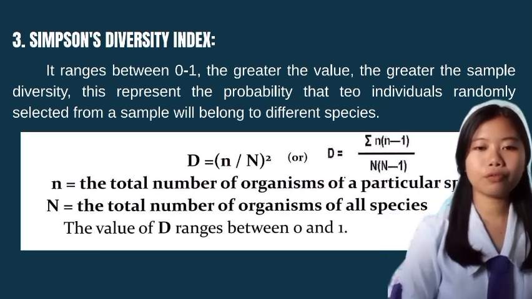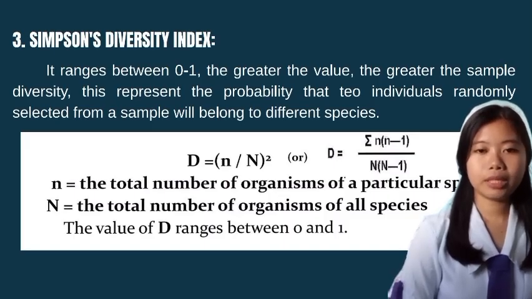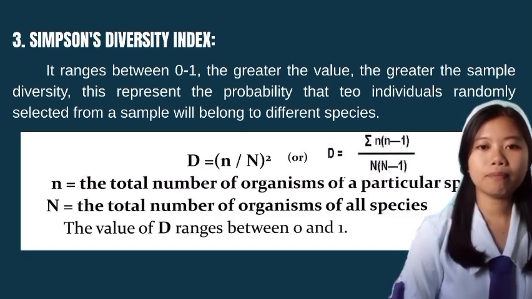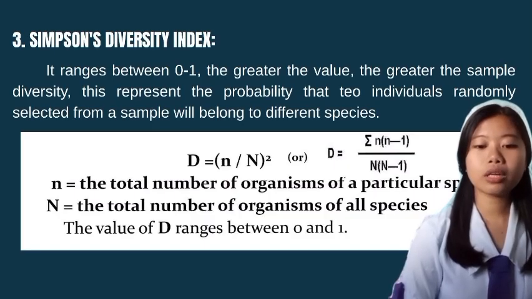Using the formula D is equal to the sum of small n divided by big N squared, or it could be D equals the sum of small n times small n minus 1, divided by big N times big N minus 1. The small n represents the total number of organisms of a particular species, and the big N represents the total number of organisms of all species.